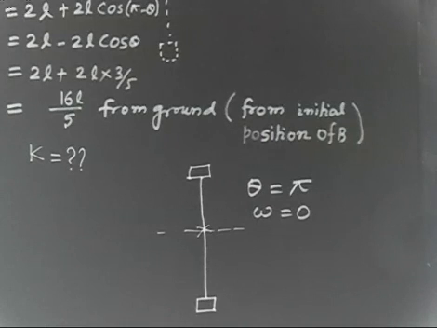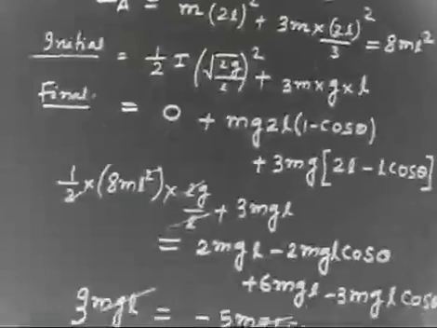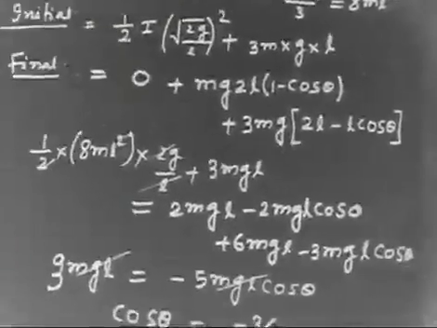In that equation, you put theta equal to 180 degrees and final omega equal to 0, and you will get the answer. Let me show you the first equation you have already written. So this is your energy conservation equation. Are you getting?